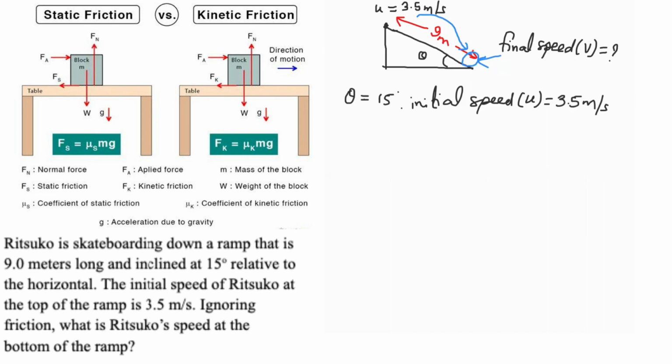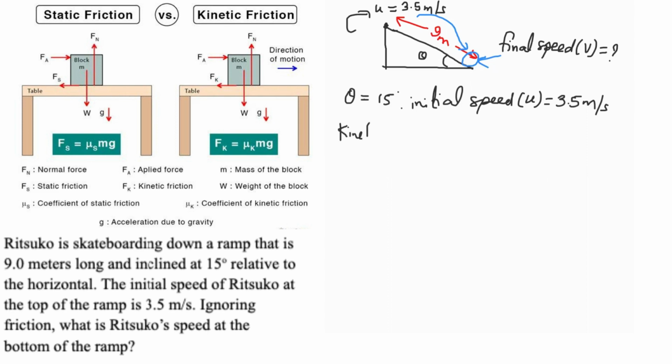She was skateboarding down the ramp, and at the top she was not at rest. The velocity was 3.5, so there was some kinetic energy.